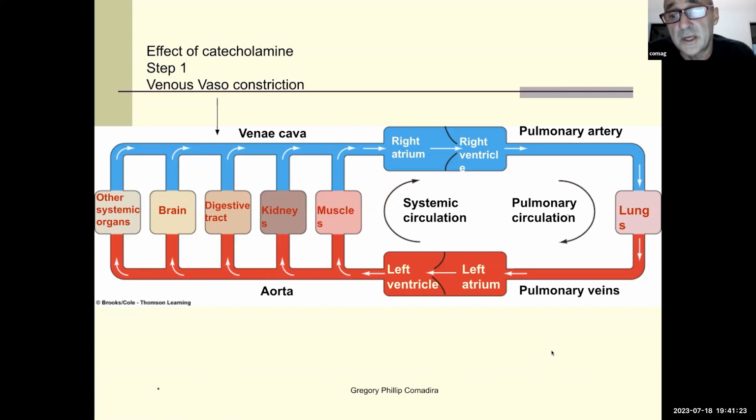Catecholamines initially are going to squeeze the venous side. And that makes sense. Initially, we're going to try and increase the volume coming back, aren't we, to the heart without necessarily ramming up the rate because there's nothing in the system. It makes sense.